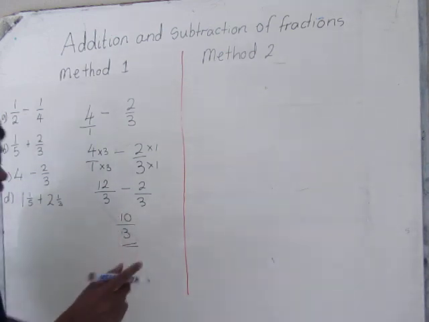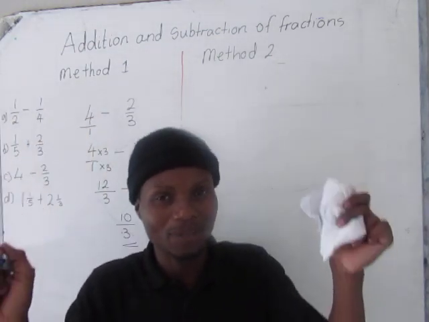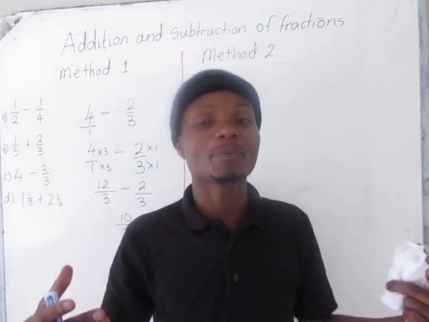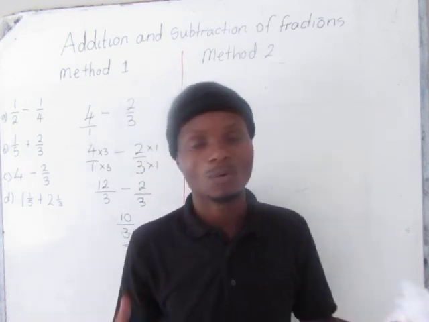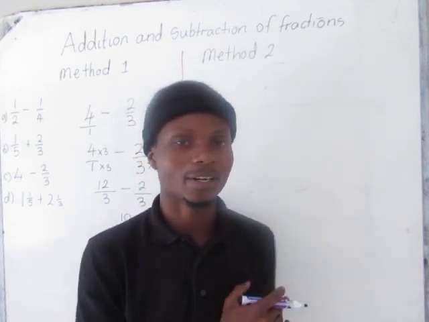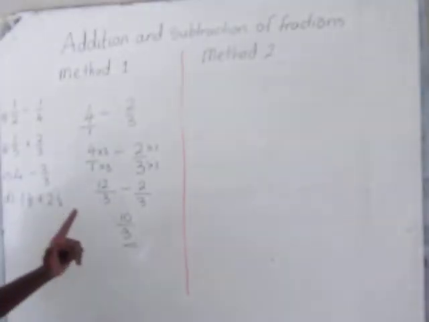Oops, we get a bigger number being carried by a smaller number. We call it an improper fraction. If you want to know how to simplify improper fractions, watch one of my videos on simplification of improper fractions. So this one is our last answer in this case.